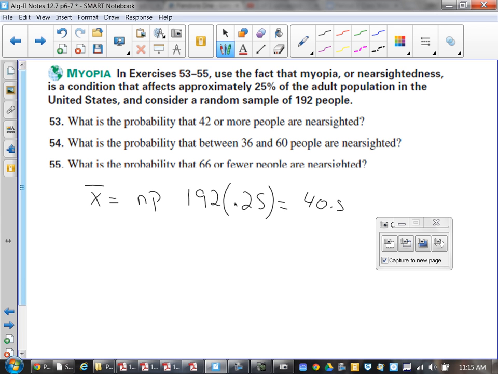You okay with that? What they're doing then to get the standard deviation is they're taking the square root of n times p times 1 minus p. Is this 192 times 0.25 times 0.75? Yeah, it's not 81. Oh, I thought it was 182, sorry. So 48.